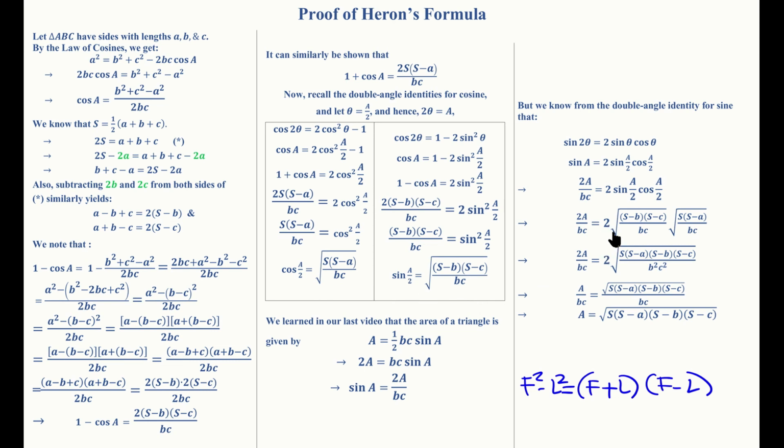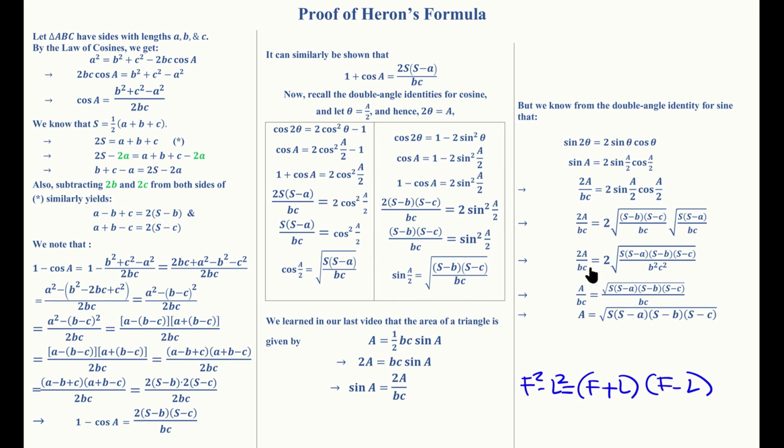So we get 2 times the square root of this item right here times this one. Now notice that these two are both square roots, so you can multiply under the radical and you get s times s minus a times s minus b times s minus c over b squared c squared.